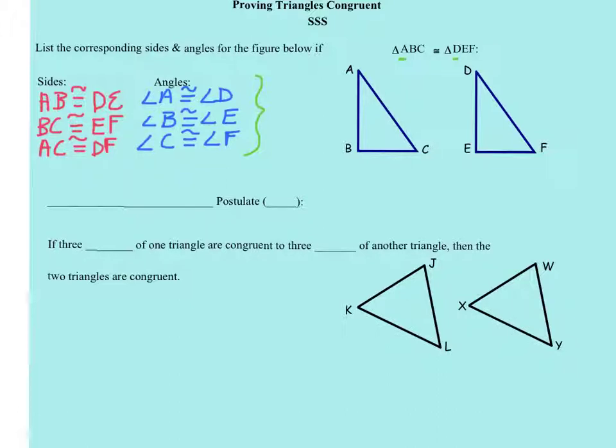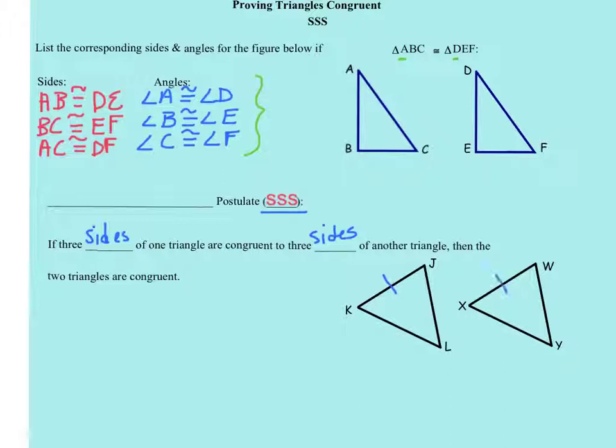We have four postulates for regular triangles. The first one is called the side-side-side postulate. We abbreviate the side-side-side postulate with the initials SSS. And the postulate says if three sides of one triangle are congruent to three sides of another, then we can declare the two triangles congruent.